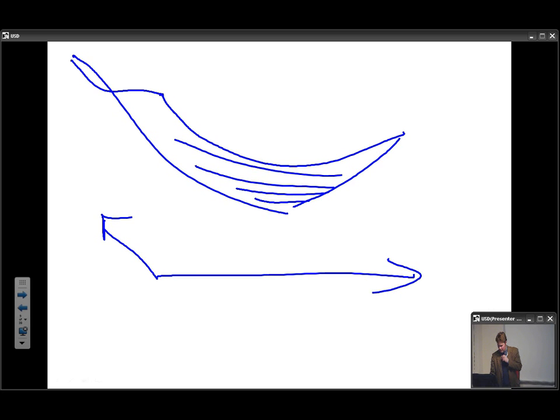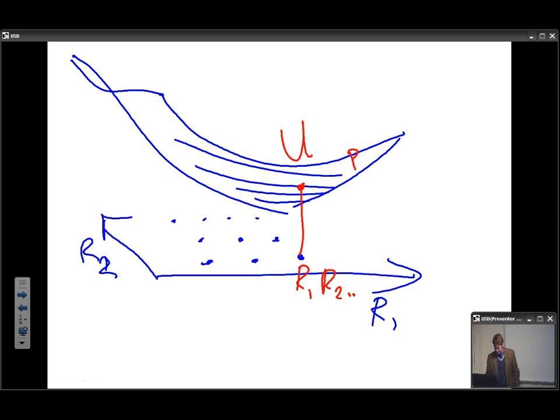Then we select different values of our parameters, of our atomic positions. And then for each position, we find the value of U of R1, R2.